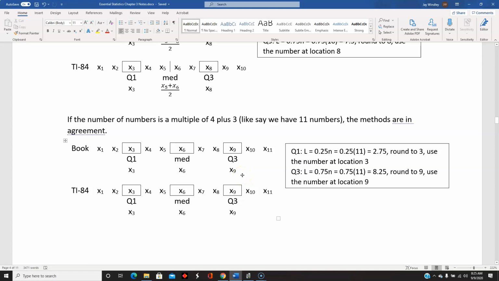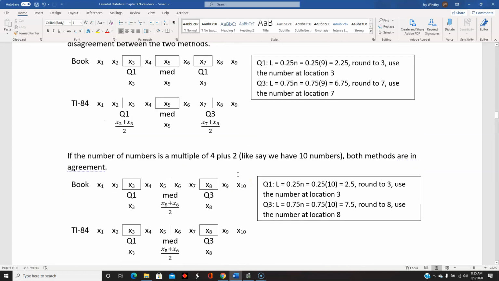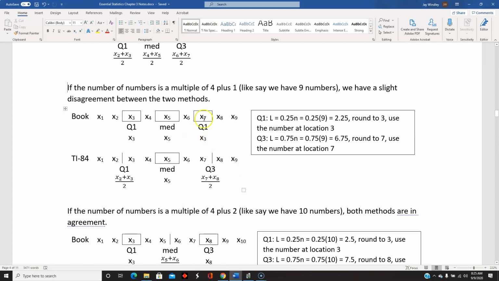So the only time they're in disagreement is this situation right here, where the number of numbers is a multiple of 4 plus 1. So like 8 plus 1 would be 9, or 12 plus 1 would be 13, or 16 plus 1 would be 17.